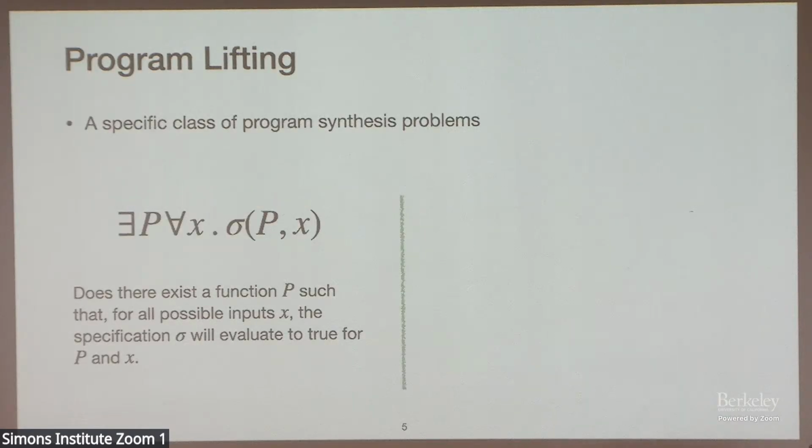So program lifting is a specific class of program synthesis problems. In program synthesis, what we usually mean is we're looking for a function, some function P, such that for all the possible inputs to P, some logical specification holds true. And this specification is usually a first order formula.